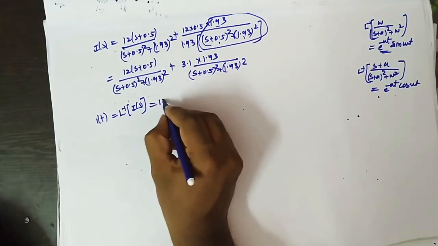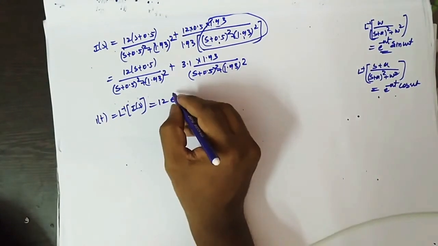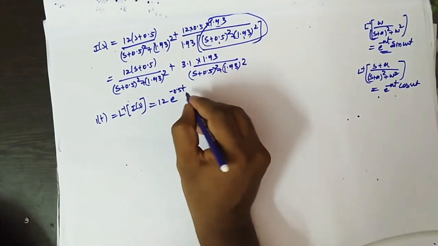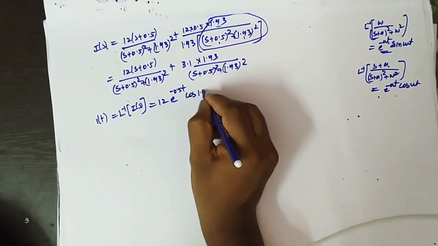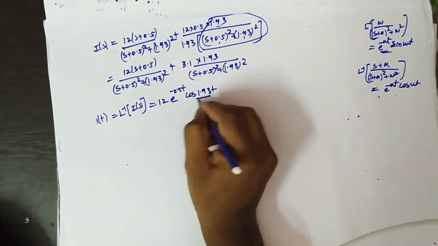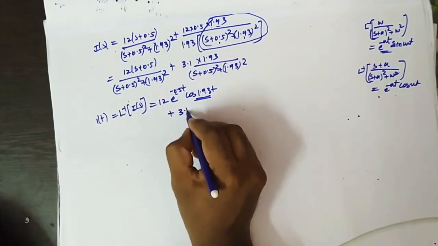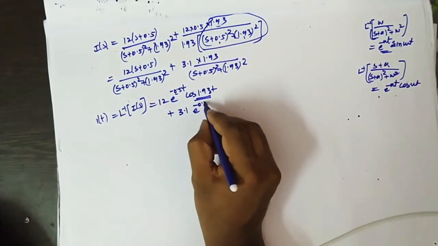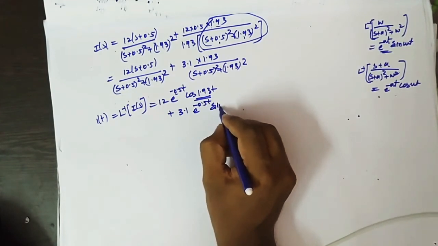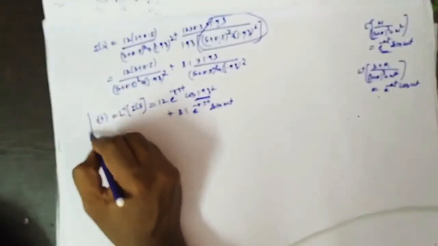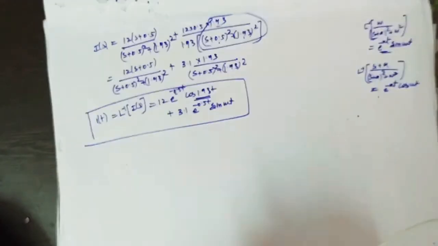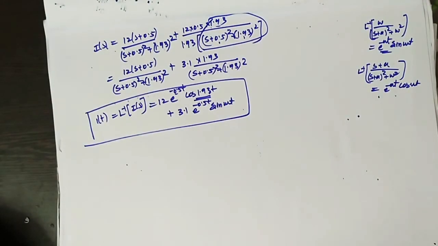So you will be getting 12 into e power minus 0.5t cos of 1.93t. This is the omega value, this is the a value. Plus 3.1 into e power minus 0.5t sine of omega t. This is the expression of I of t in sine and cosine terms since it is underdamped.